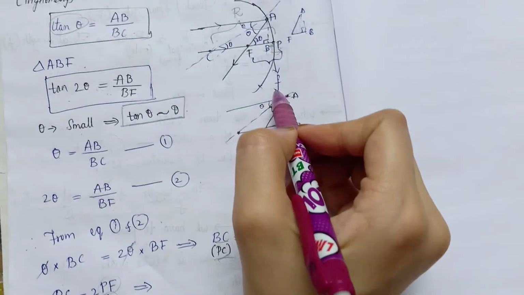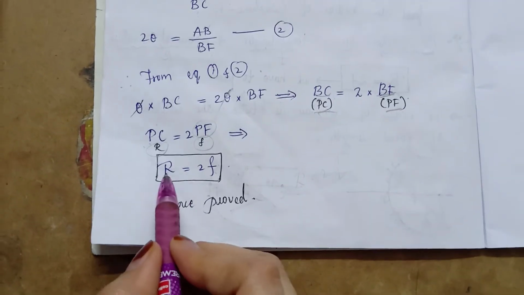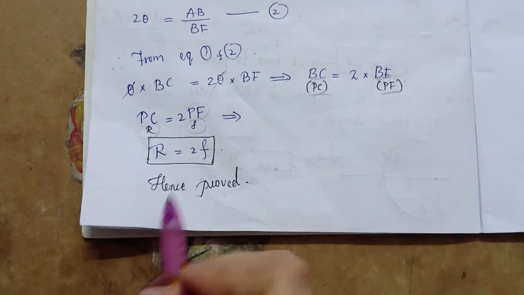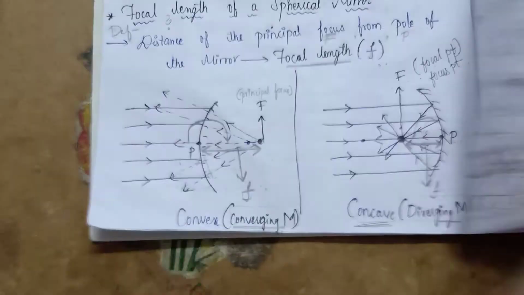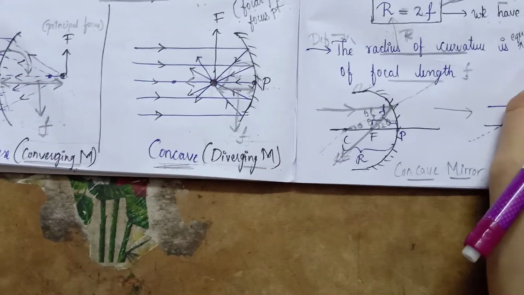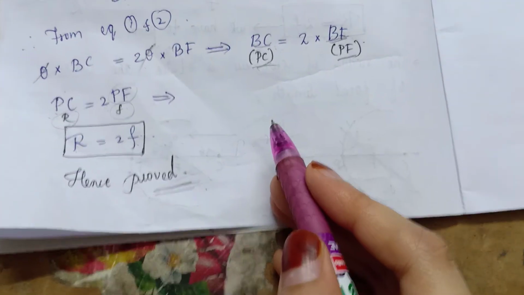So in place of PF we can write small f, which means R is equal to 2 into f. And hence we have proved the relationship between the focal length and the radius of curvature, hence proved.